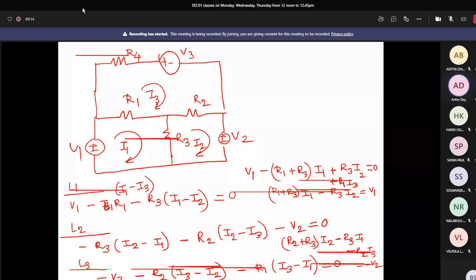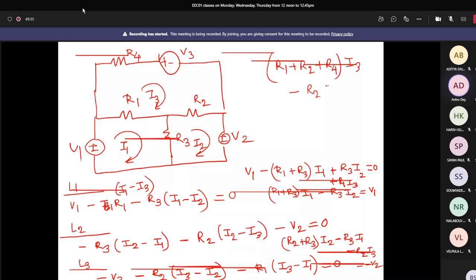If we take all these coefficients, we have R1 plus R2 plus R4 into I3, taking the other side, minus R2 I2 minus R1 I1 is equal to minus V3. So you have three loop equations and three unknowns, I1, I2, I3. You know all the Ri's and Vi's, so you can solve these three equations.